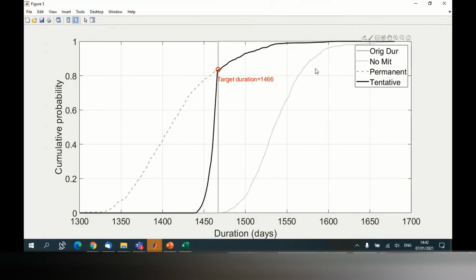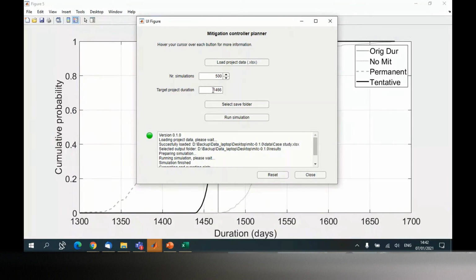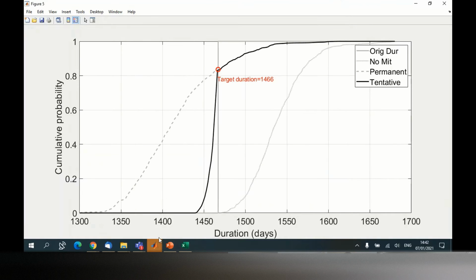So how do you use this curve? For example, this curve means that the probability of completing your project within 1,550 days is 66%. The probability of finishing your project within 1,500 days is less than around 10%. That's a very low probability. And if you remember, we want to finish our project within 1,460 days. So if we don't apply any measure, 1,460 days is somewhere here.